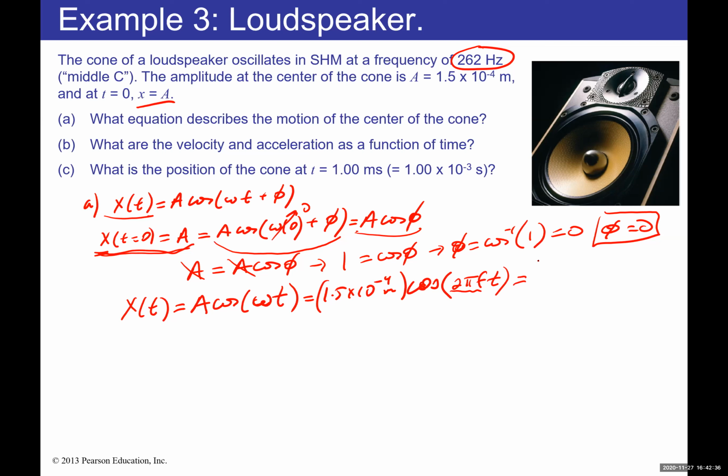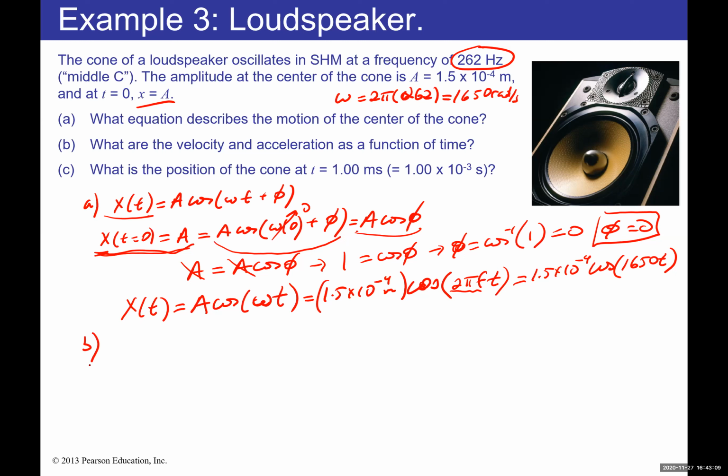So omega equals 2 pi times 262, which gives me about 1,650 radians per second. Then I can come back and say it's 1.5 times 10 to the negative 4 times cosine of 1650t. So that's my x as a function of time.